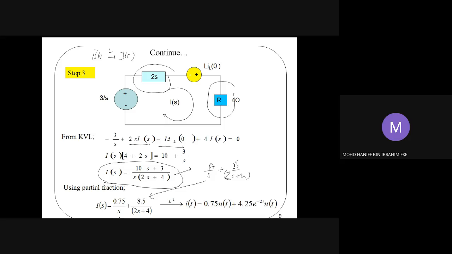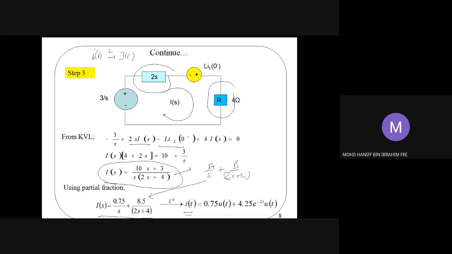We are yet to obtain the answer, because the answer that you have obtained here is in the S domain. So you need to do the inverse Laplace transform to find the value of current in the time domain, the i(t). This will be based on the properties of Laplace transform that we have learned yesterday.